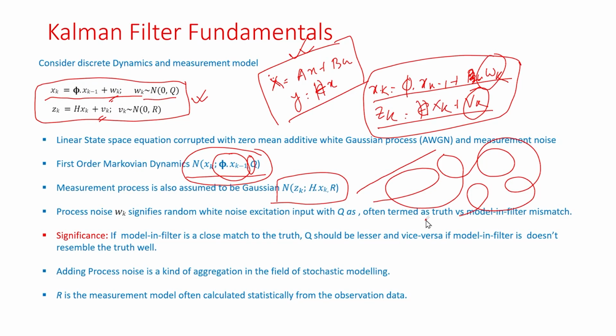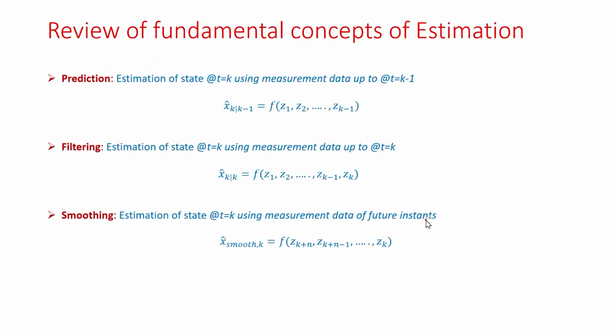You get the error, which is your actual measurement data minus the predicted model data. You check whether it is white or not, and then you empirically calculate your standard deviation. Okay. So, this R you can directly find out from the observation data or from the sensor report. Okay. Now, I will go through the concept of estimation first.